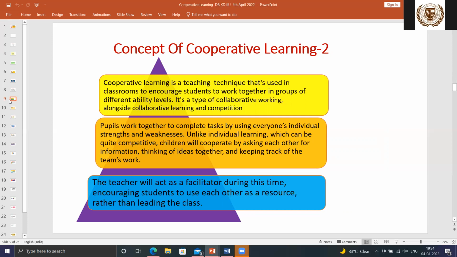Unlike individual learning, which can be quite competitive, children will cooperate by asking each other for information, thinking of ideas together, and keeping track of the team's work. The teacher will act as a facilitator, not an instructor, during this time, encouraging students to use each other as a resource rather than leading the class.